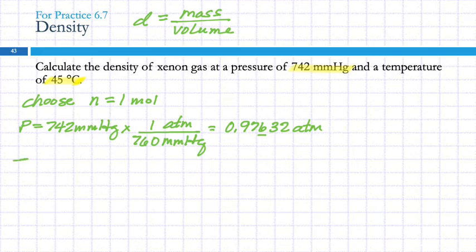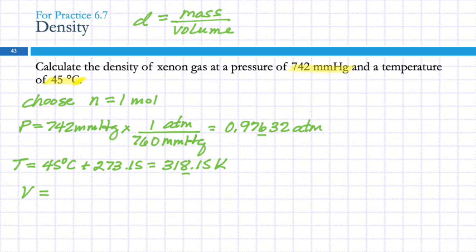The temperature is 45 degrees Celsius. Change that to Kelvin. So I've got n, P, T, and I'm looking for the volume. The volume is equal to nRT divided by P. It's rearranging PV equals nRT.